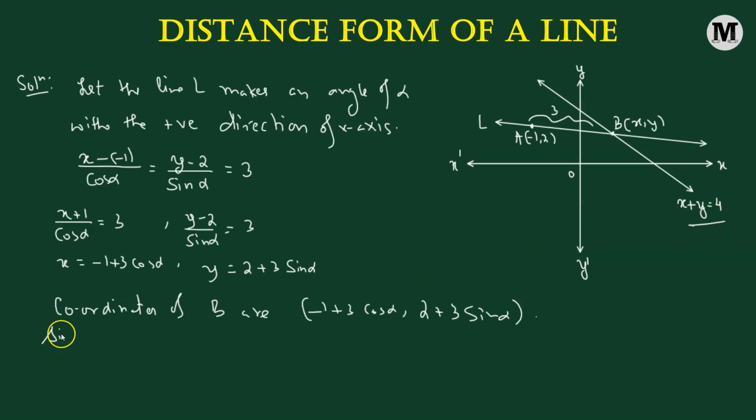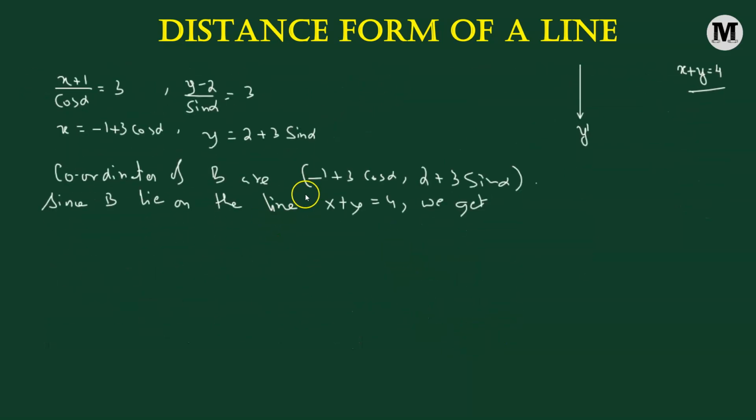Since the point B lies on the line with the equation x + y = 4, in place of x we replace it with -1 + 3 cos alpha, added to y, which is 2 + 3 sin alpha, and this is equal to 4.